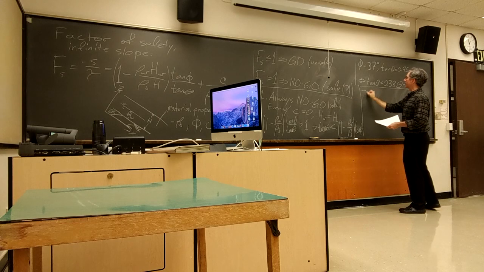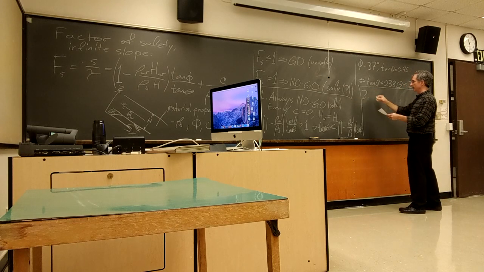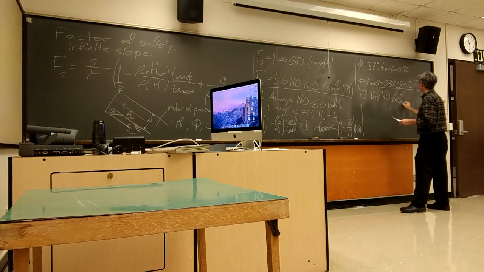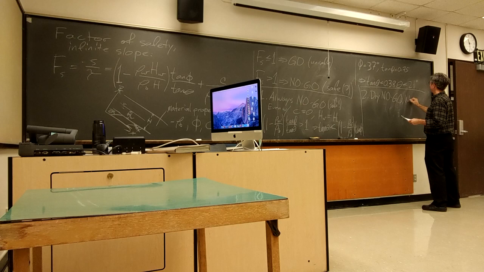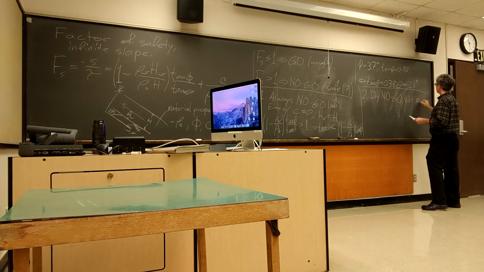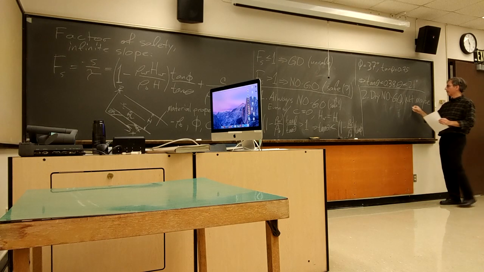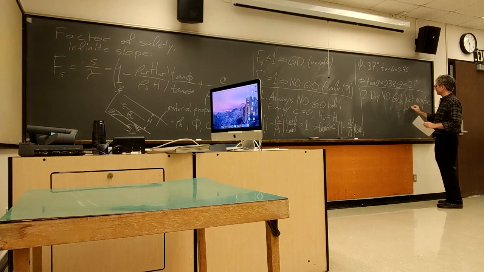Our second class of slope would be the dry no-go and the wet maybe. Or low cohesion, maybe.